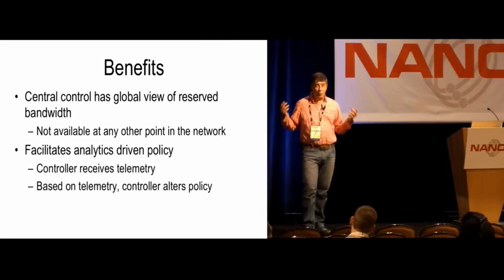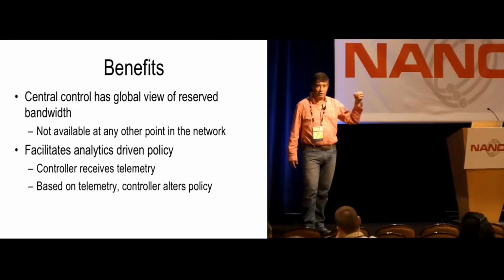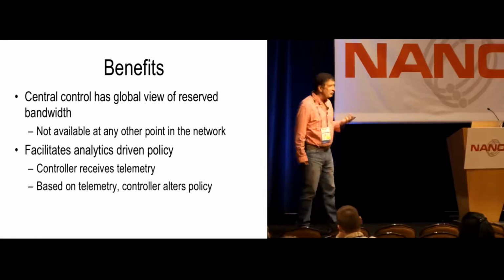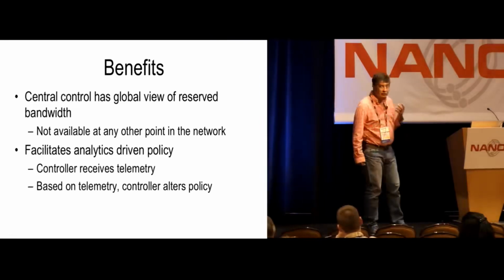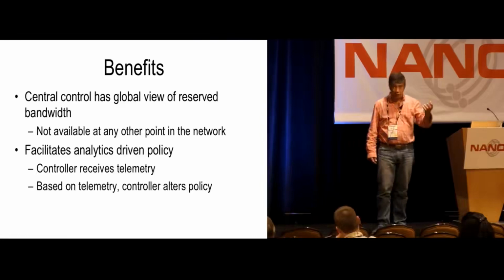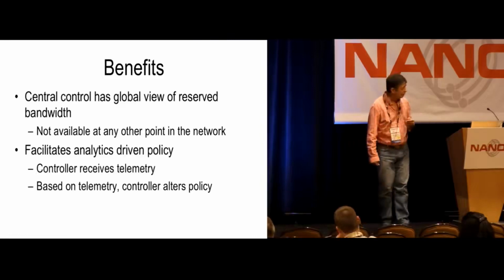Well, he only has one possibility, and that's if you centralize path computation in a controller, he has the global view because he made all the assignments. So if you're using SR to reserve bandwidth, then you must go with a centralized controller.